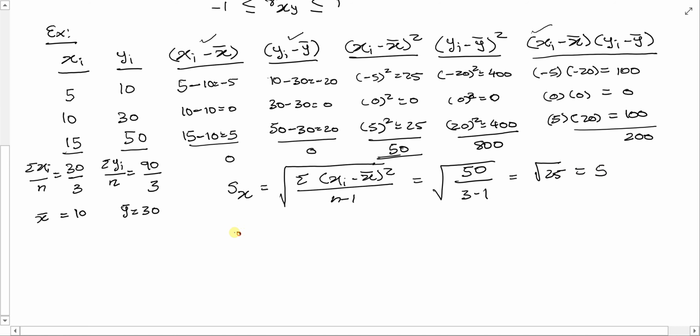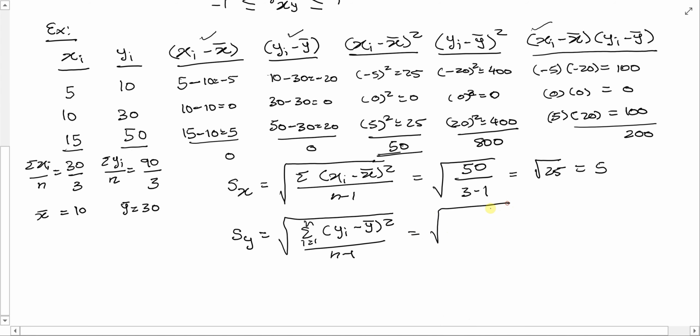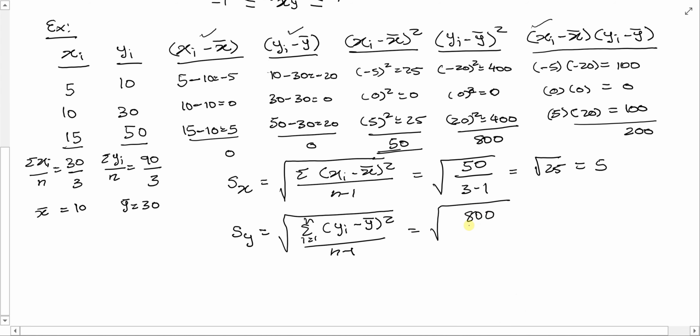We do the same calculation for y to figure out the standard deviation of y. That is the under root of squared y deviations, and then you are going to take the average across all the observations adjusted for degrees of freedom, right? And so we have a sum of yi minus y bar square equal to 800, and then n minus 1 is 3 minus 1, and that is under root of 400.